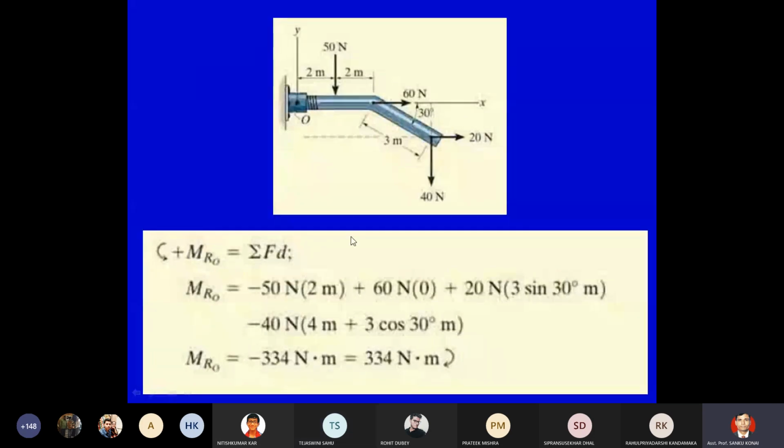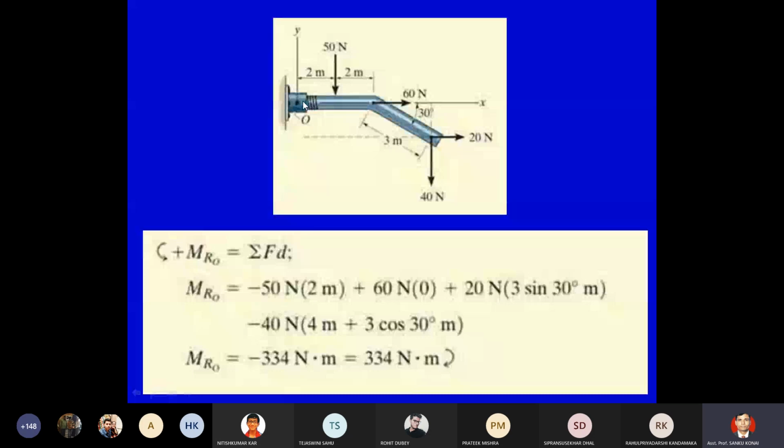So if you see the answer, what will be the resultant moment at point O? That will be minus 50 into 2 for this 50 Newton, and for the 60 Newton force the line of action is passing through this moment center, so that is 0.